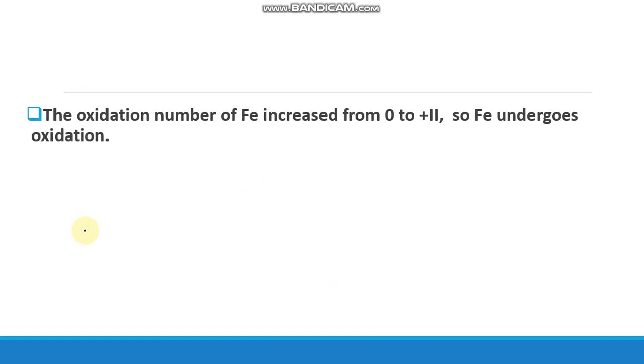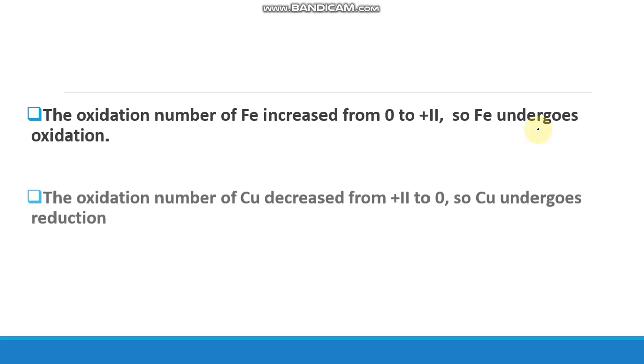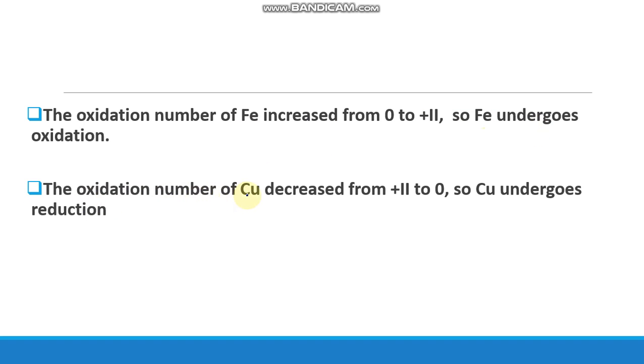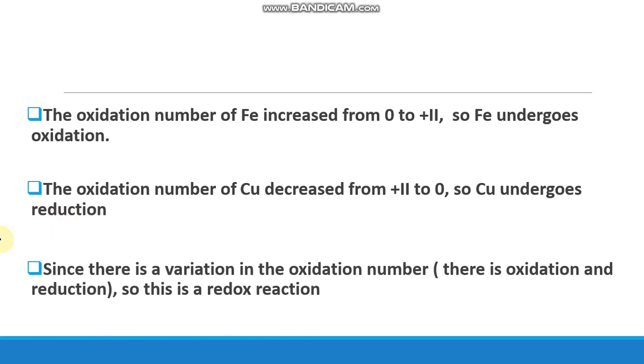So the oxidation number of Fe increased from 0 to +2, so Fe undergoes oxidation, and the oxidation number of Cu decreased from +2 to 0, so Cu undergoes reduction. And this is important: when a question says to identify if the reaction is a redox or not, you have to write these three things.